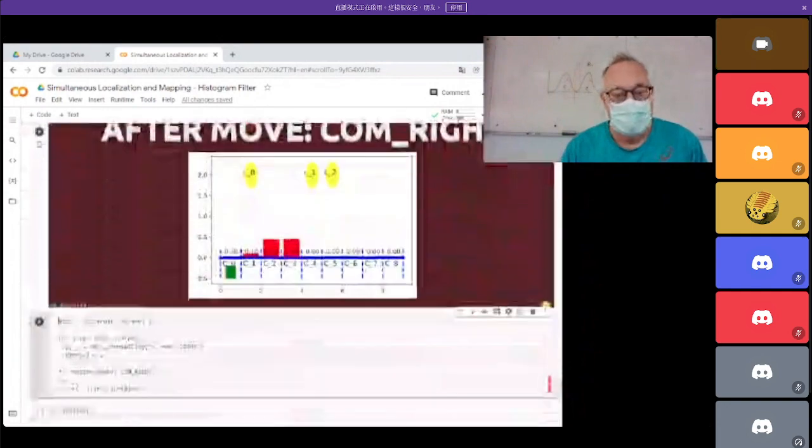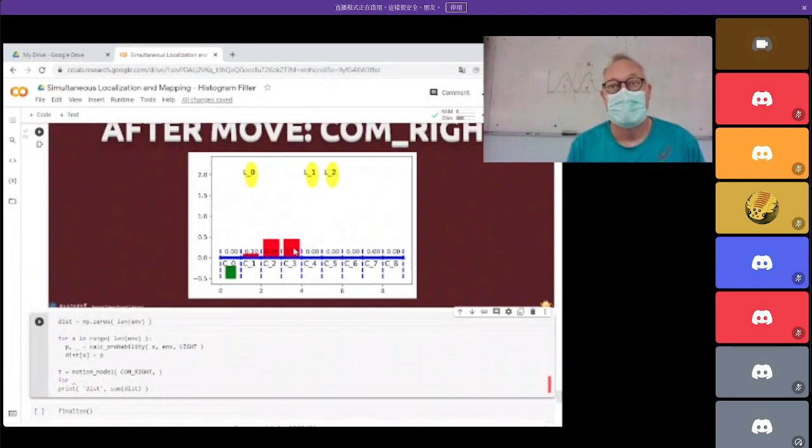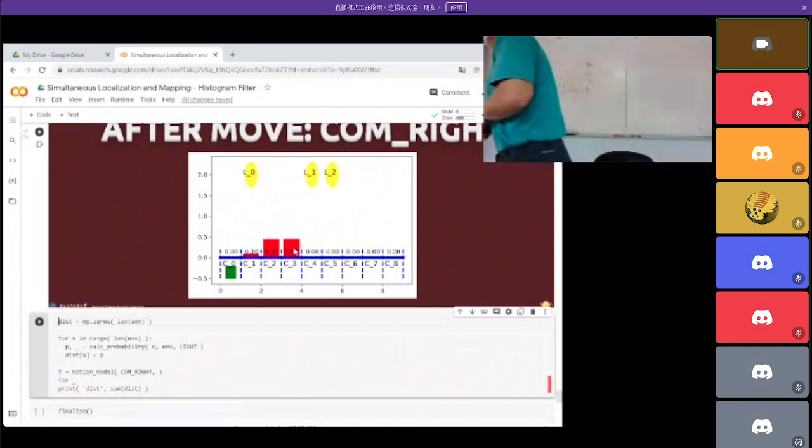So now this location here is almost the same as this one here, because there's a high chance, two possibilities. C2: either I start in C1 and I only end up going one step, or I start at C0 and I end up going two steps. Right? So that's why this one here has two components.